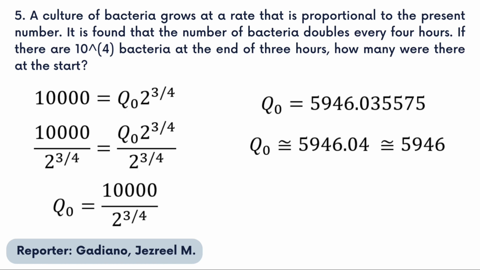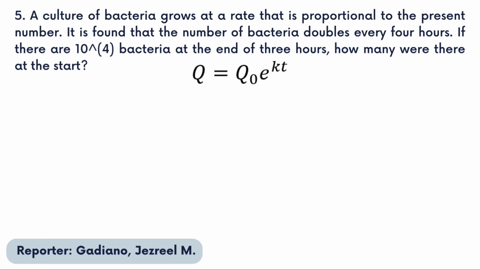Pero ang pinakamalapit na sagot is 5,947, which is isa lang ang pagitan. So we assume na nag-round up ng sagot. Para ma-verify yung sagot, let's both use 5,946 and 5,947 as our initial quantity. And dapat 10,000 or approximately 10,000 ang lalabas sa sagot.